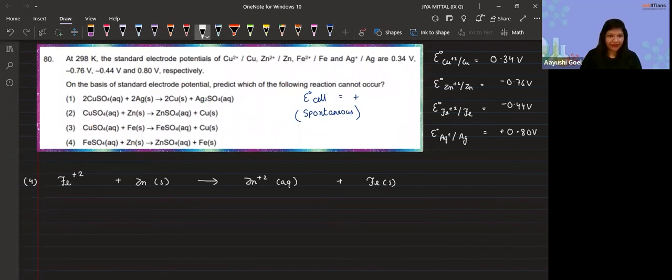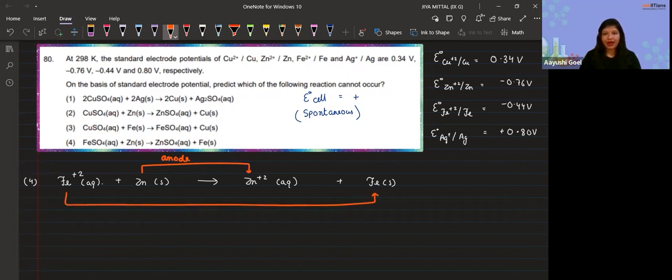I'm not writing sulfate here because we can go with the ions also. The first step is to determine what is our cathode and what is our anode. On the anode there is always oxidation. Oxidation is occurring in the zinc, so this is our anode. From iron plus 2 to iron there is a reduction, so this is our cathode.